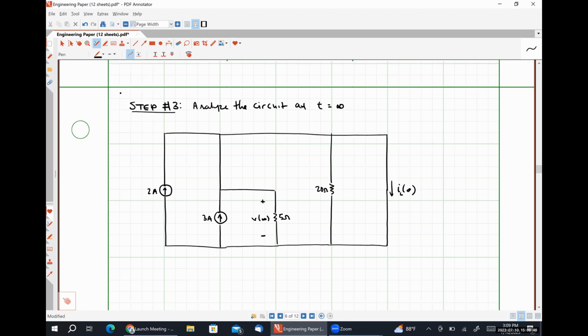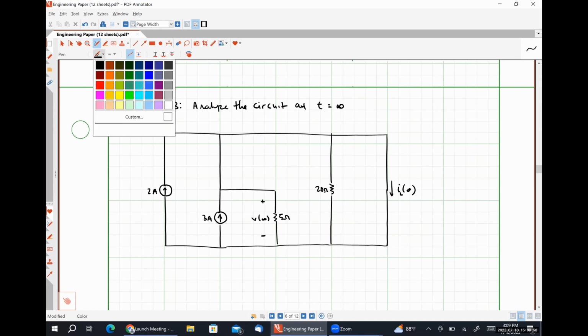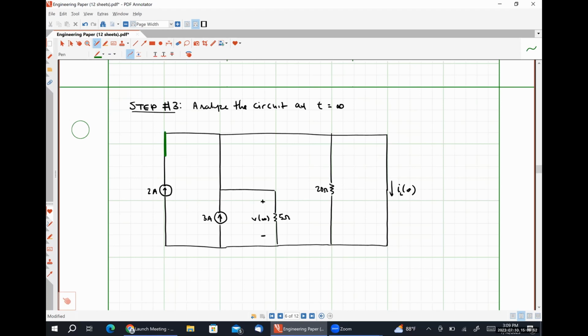Okay, so I'm going to identify my node. So we really just have one large node, right?